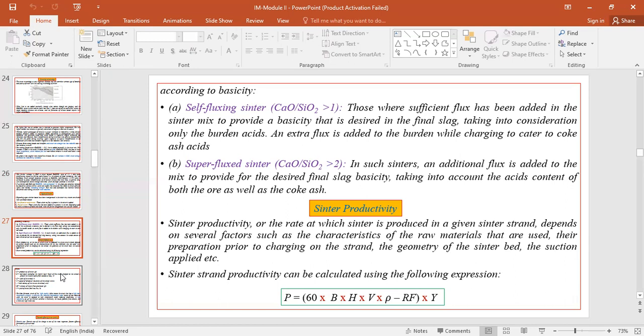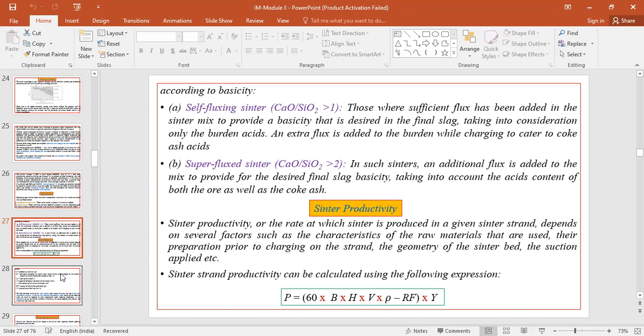Next one is the sinter productivity. For any process, the productivity of the particular machine or furnace, anything, is most important. There are various factors which contribute to the productivity of the process.